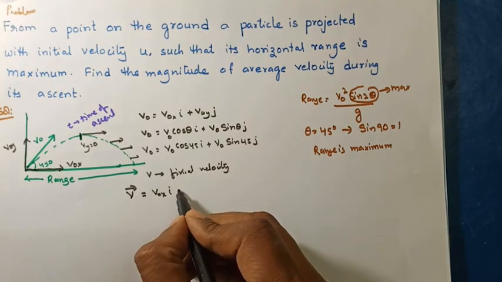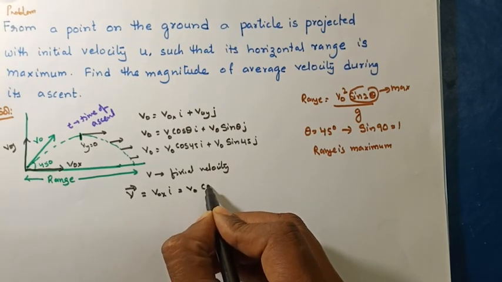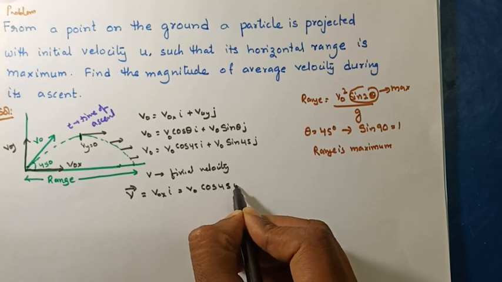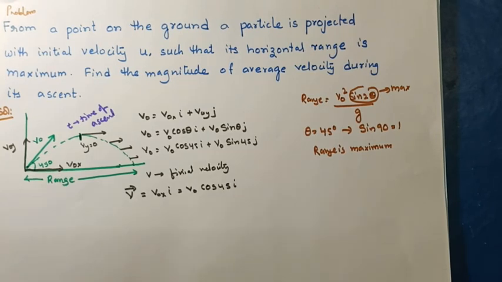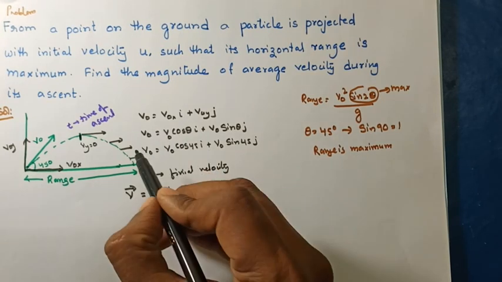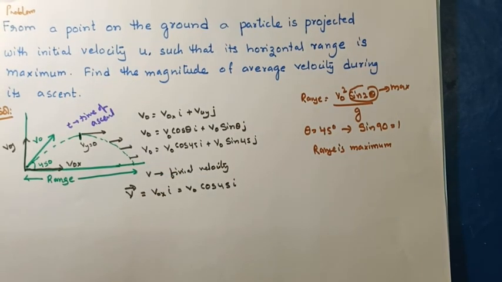So what is this? V naught cos 45 i. So here we obtained the initial velocity and the final velocity.